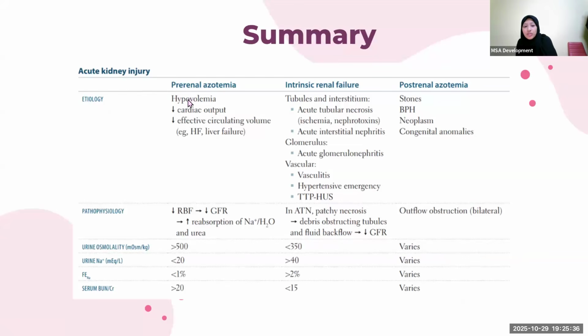So pre-renal is hypovolemia, everything that causes less volume, less GFR, increases absorption. Post-renal is obstruction, so stones, prostatic hyperplasia, cancer. Any obstruction will cause post-renal azotemia with increased ratio. You see, more than 20. This one should be increased ratio as well.